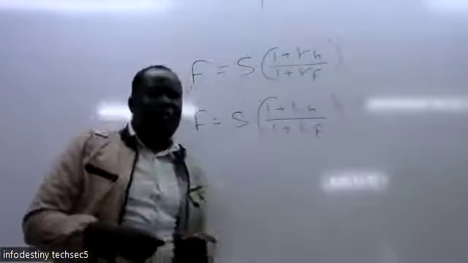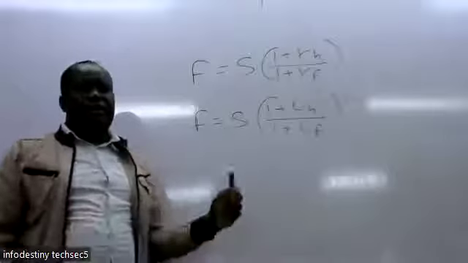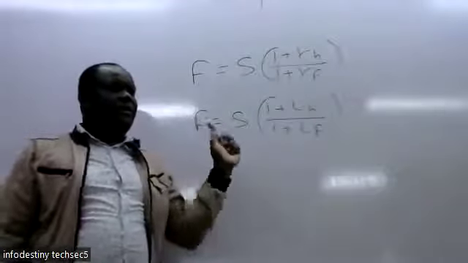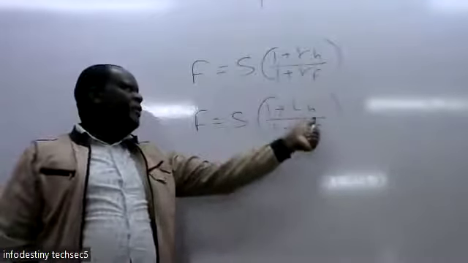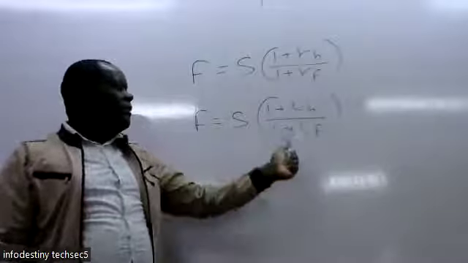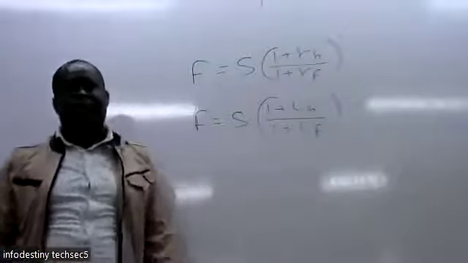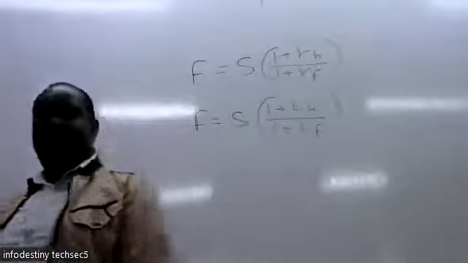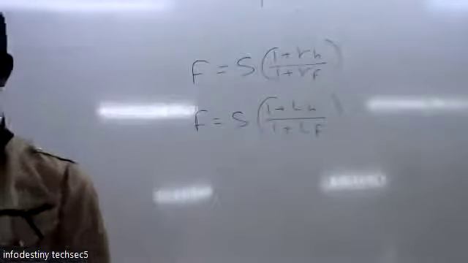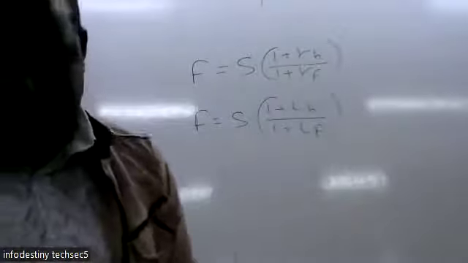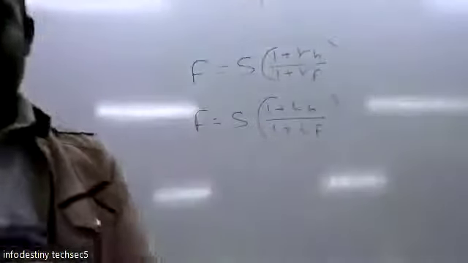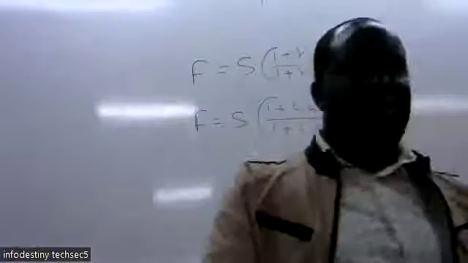So when you want to compute the forward rate, simply take the spot rate, then in the brackets 1 plus inflation rate at home, divided by 1 plus inflation rate in the foreign country. That's what we mean by the purchasing power parity theory.